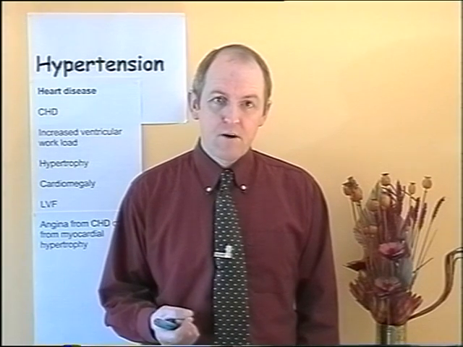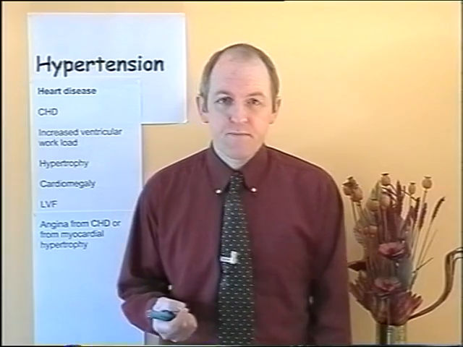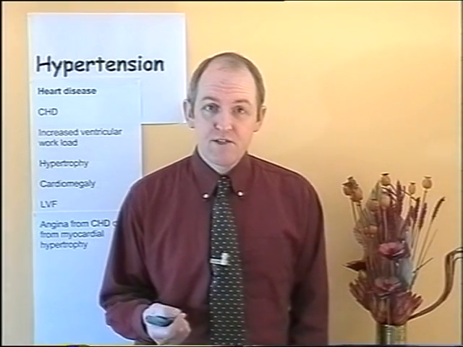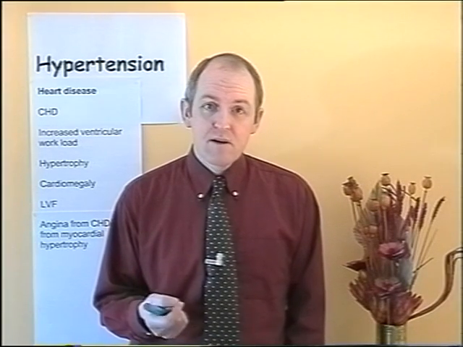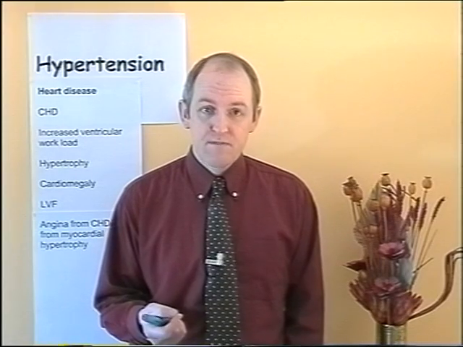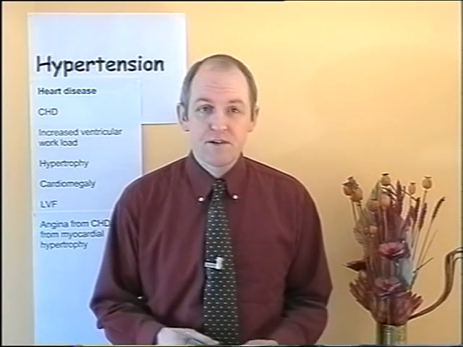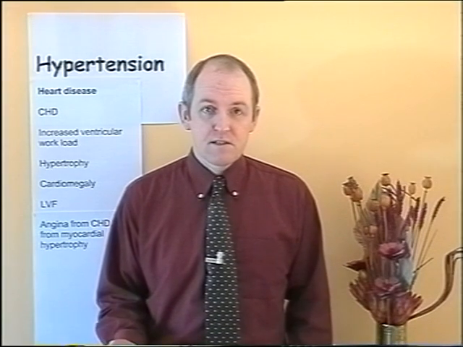Now, still thinking about complications of hypertension, we'll go and look at heart disease. Because hypertension contributes towards atheroma, you get atherosclerosis in the coronary vessels, the vessels that actually supply the myocardium with its blood supply. In other words, you get coronary heart disease.